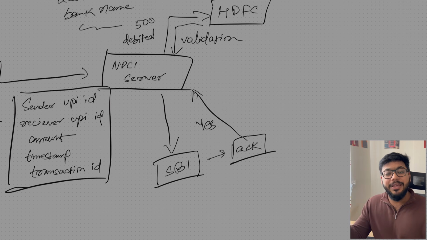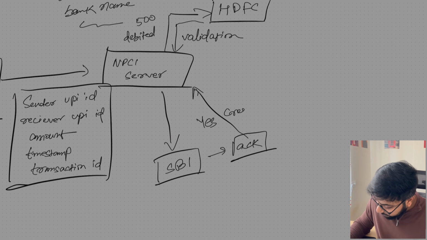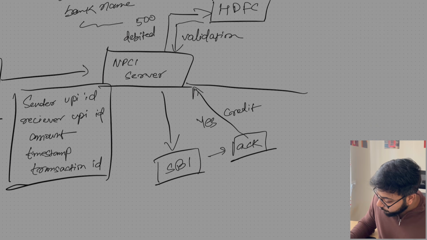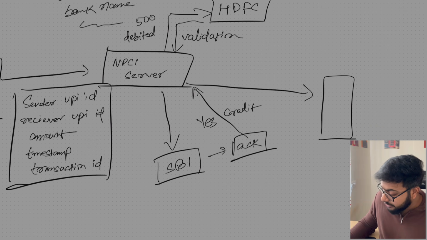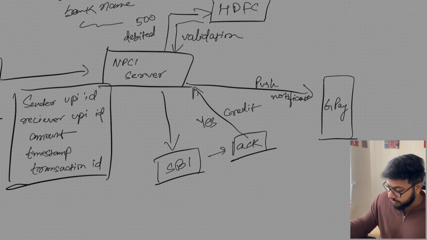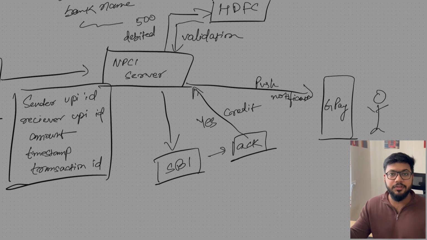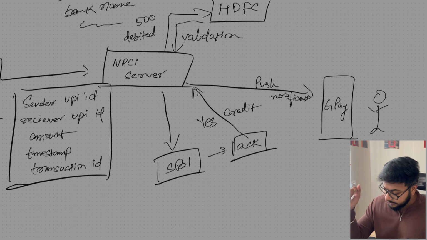The amount will be credited to the receiver's account, and a push notification will be sent to the receiver's PSP, let's say GPay. Some other systems will also send an SMS or email. So U2 will get a notification that 500 rupees has been credited to their account, right?